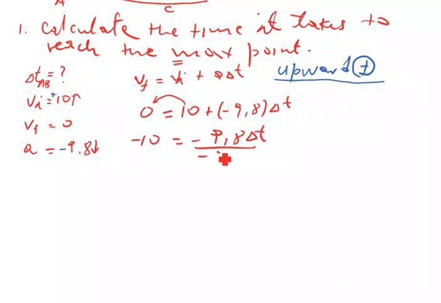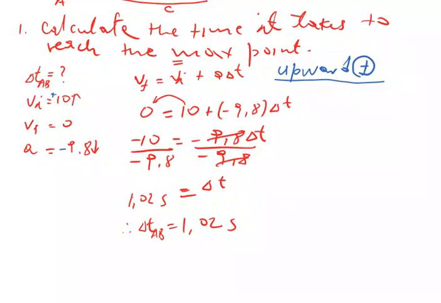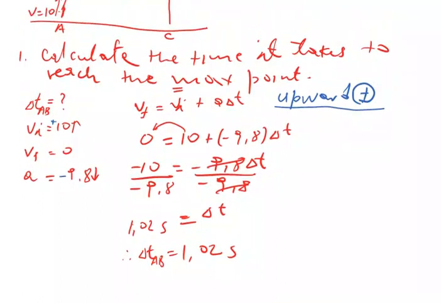Then we divide by negative 9.8 both sides. So we have delta t, which is equal to, then we press the calculator. Then we get the time, which is 1.02 from A to B.